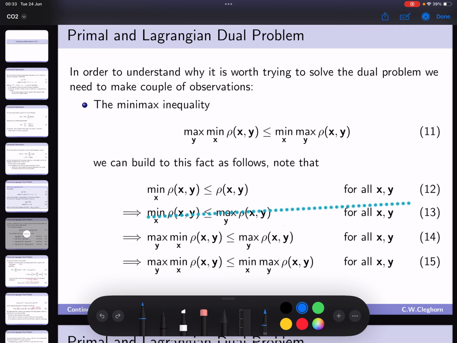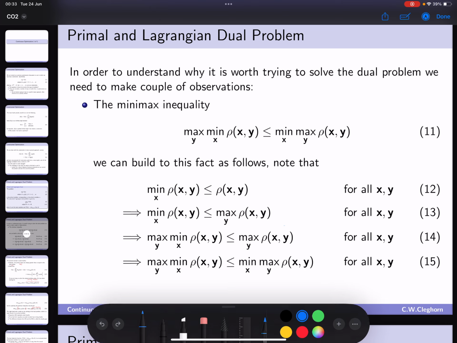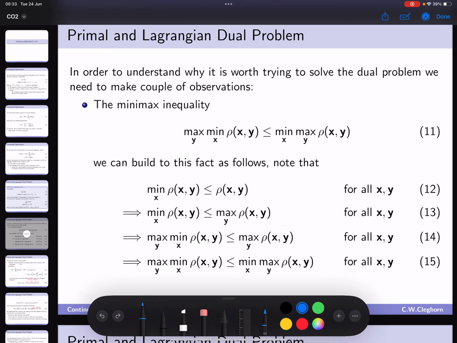Because I've taken the minimum over x, I'm at least less than or equal to any of the other points in that function. That's somewhat obvious. Similarly, when I maximize with respect to y, that's going to be larger than any of the other elements in that function, which is already larger than the minimum. So if I maximize with respect to y of this function, it's going to be larger than if I minimize with respect to x of the function.